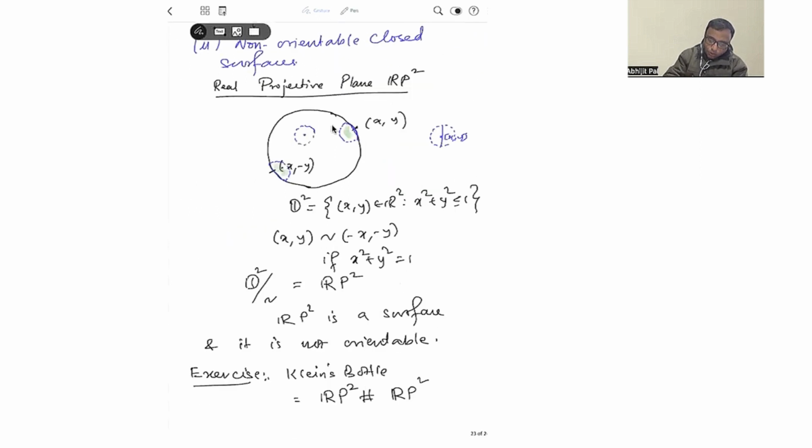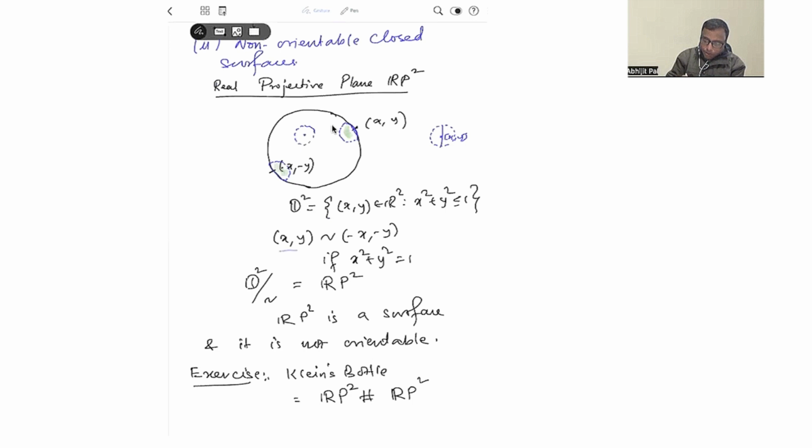And what about non-orientable closed surfaces? To have a classification of non-orientable closed surfaces, first we have to understand what you mean by the real projective plane. You take a unit disk with its boundary, and you have identification only on its boundary.